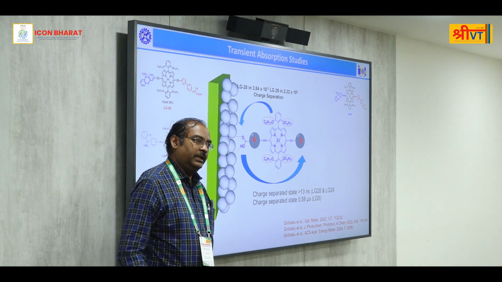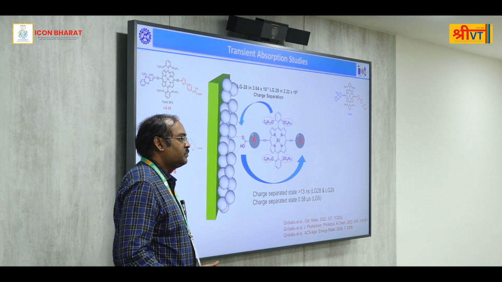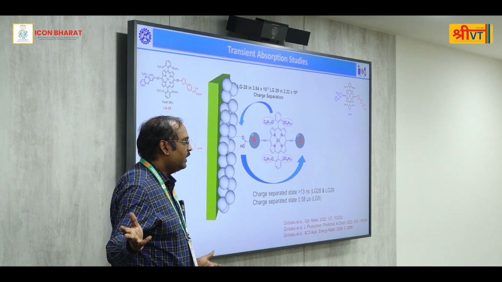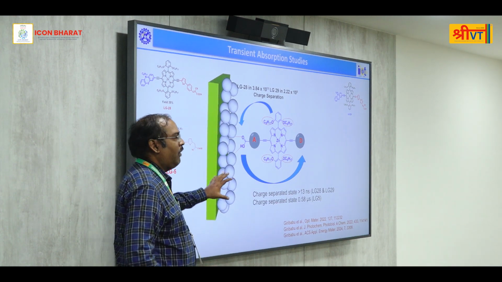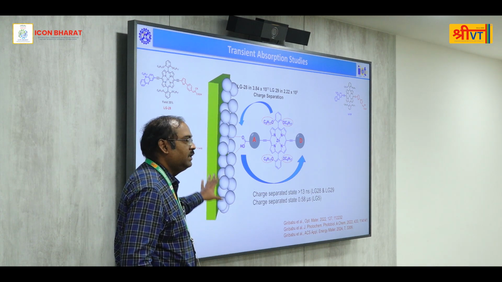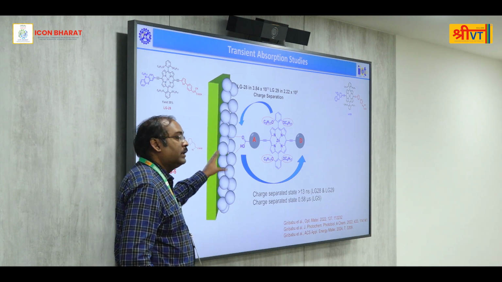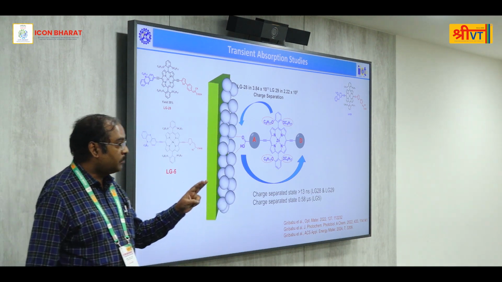Now you can ask how stable these molecules are. We studied all the thermal data and durability of these molecules, and they are highly thermally stable up to 200 degrees, and the device is also stable up to 2 years.